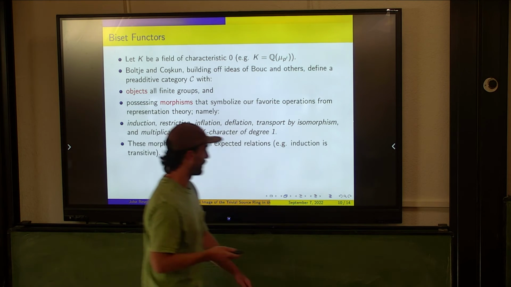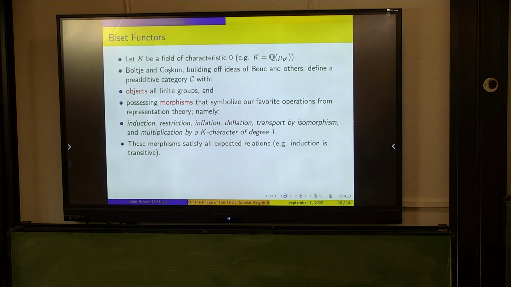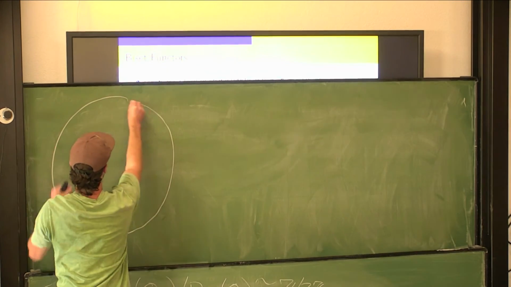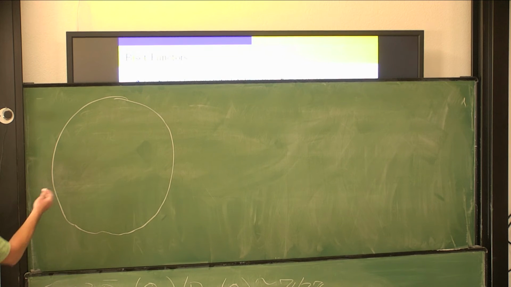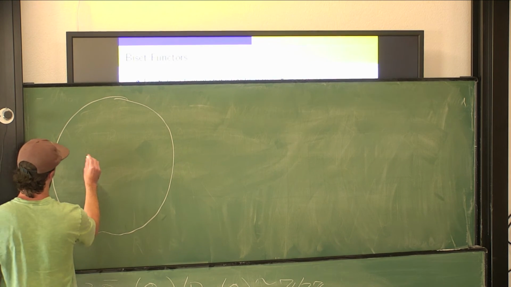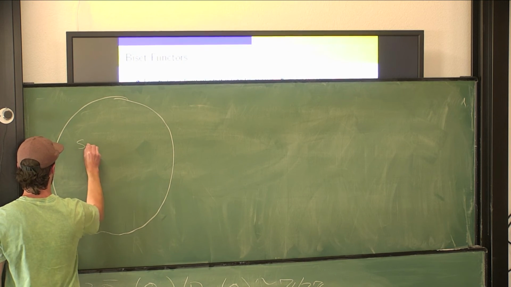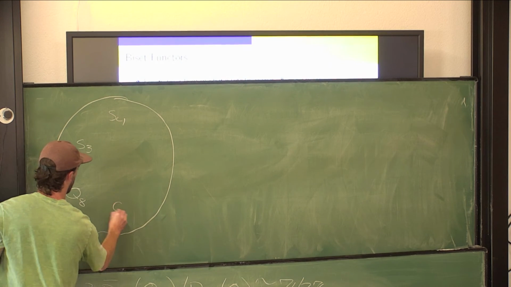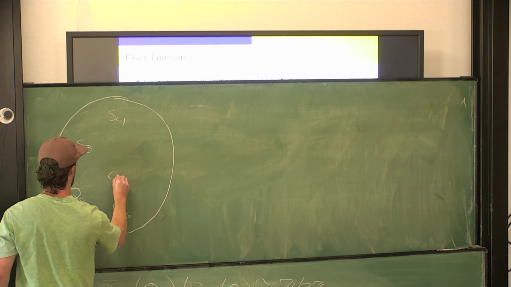Now let me draw a picture. So here's what C looks like. Big circle. Within this category are all finite groups. So maybe I've got an S3 here, an S4. There's a Q8 over here, a Q16, C3 cross Q8.